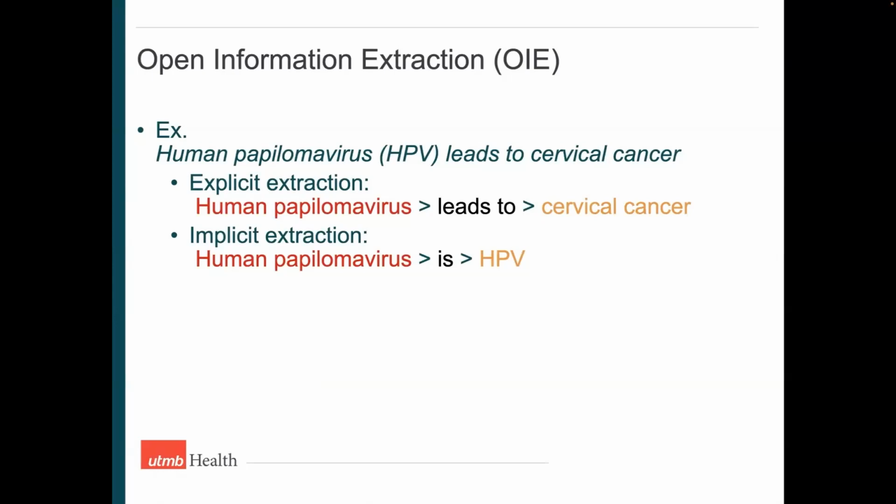Some open information extraction could also extract implied triples. So the second example would be human papillomavirus, which is a subject, is a relation, and HPV, which is the object. So basically it could extract these two types of triples from that statement in the example.